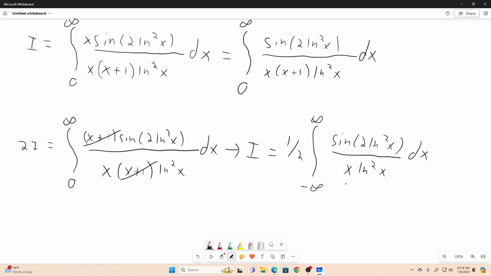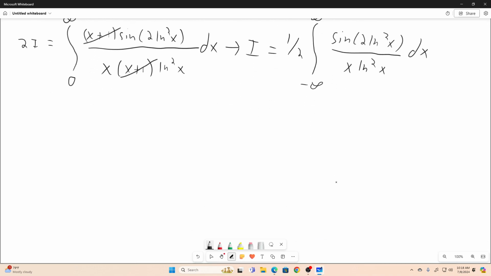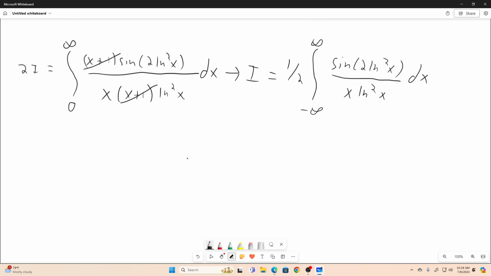And now I would like to make the substitution that u is equal to natural log x, which implies du equals 1 over x dx. And you can see we conveniently have a 1 over x dx in our original integral.